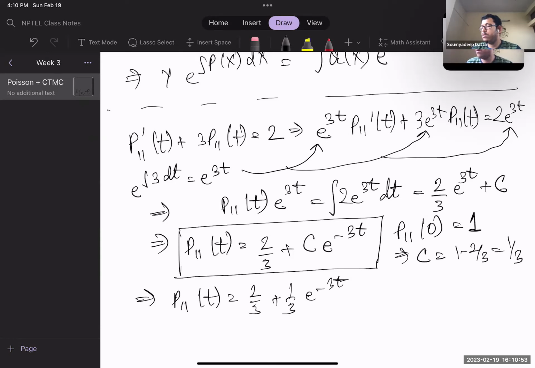Similarly, you can also solve for p22 of t. It's a similar differential equation which you need to solve. Is there anything that's not clear here? I wanted to take some time. Let me go over any of the steps again.